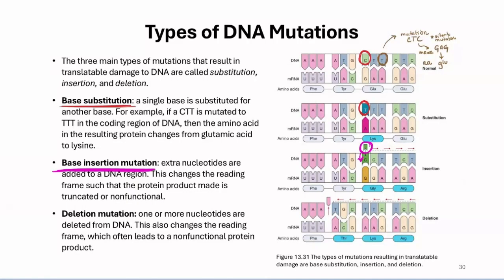And when an insertion happens, meaning extra nucleotides are added to the DNA region, this is going to change the reading frame overall for the translation process. Remember that DNA gets transcribed and those changes will be incorporated into the mRNA. When you have insertions, since now the reading frame is different, that's why we see effects on the amino acids after the insertion occurred.